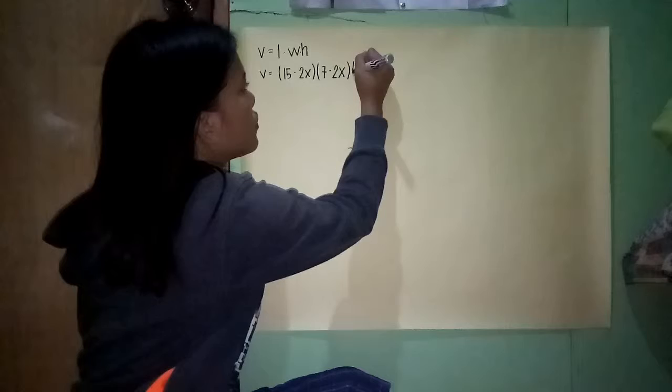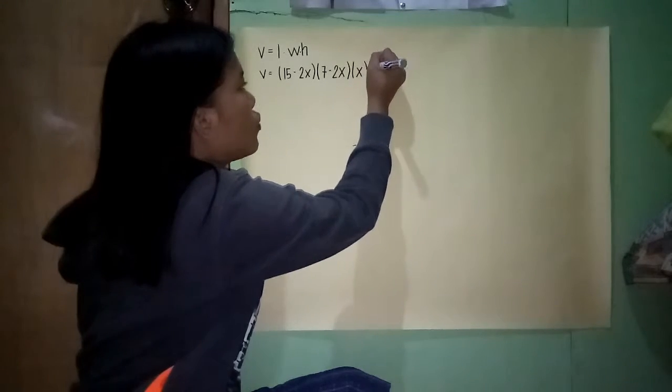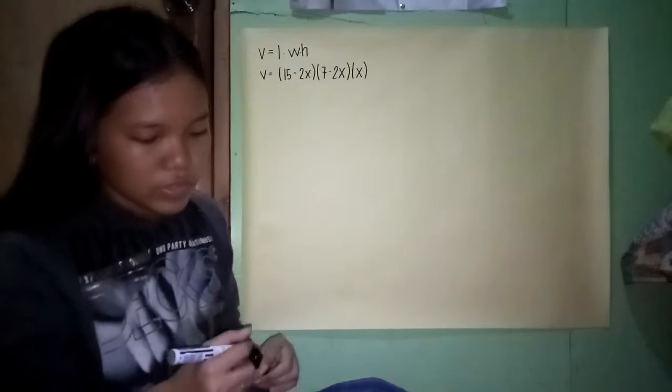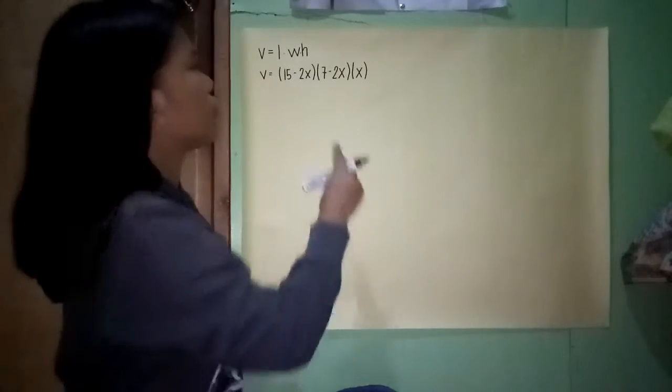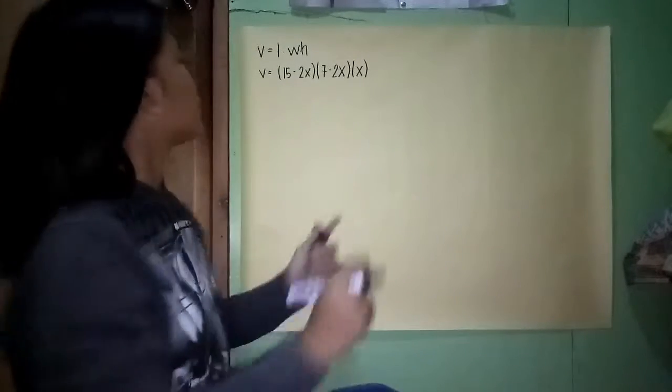We are going to use the variable x as our h, since we don't know the value of h yet. So now, we are going to use the FOIL method to multiply these two.